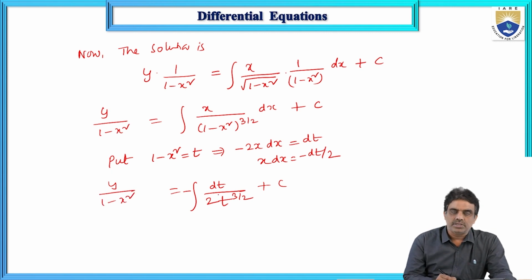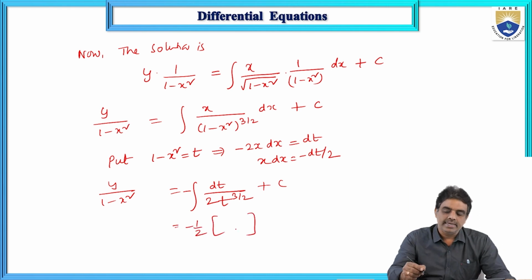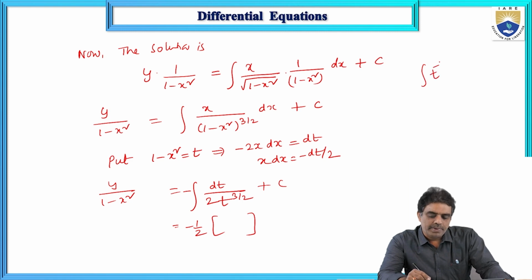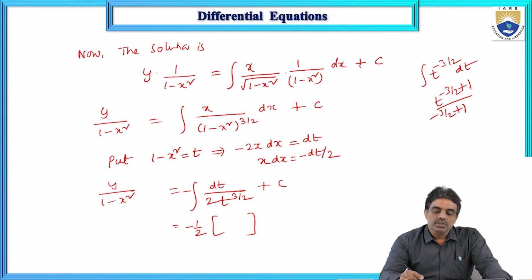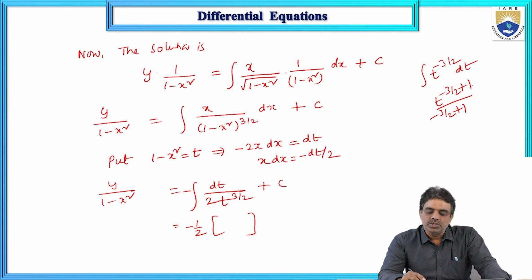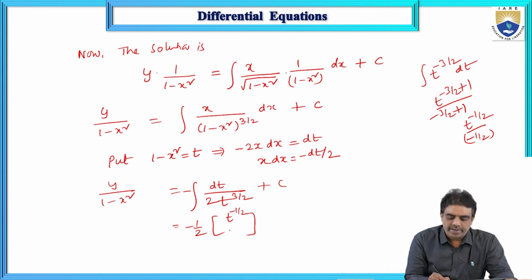Now what is the integration? So minus 1 by 2, and I will write the integration here. Integral t power minus 3 by 2 dt. So t power minus 3 by 2 plus 1 by minus 3 by 2 plus 1. So minus 3 by 2 plus 1, that is minus 3 plus 2 by 2, minus 1 by 2. t power minus half by minus half plus c.